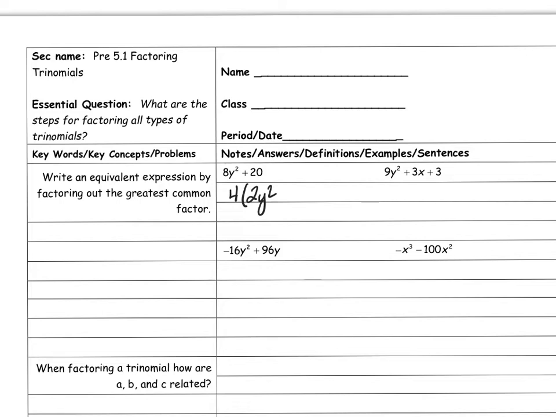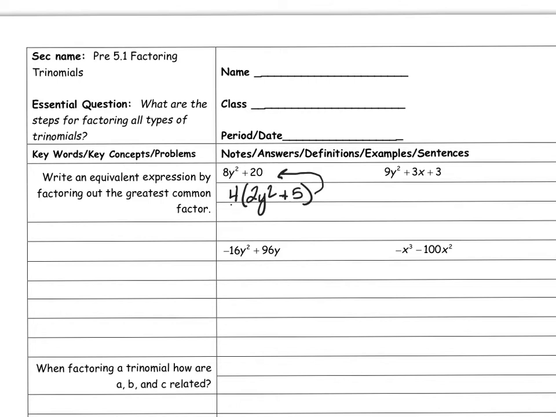And 4 goes into 20 5 times. Remember, factoring is just unmultiplying, right? So if I multiply my 4 back through, I should get this answer here. So 4 times 2 is 8, and 4 times 5 is 20. Great. So now we're going to go ahead and move on to the next one.